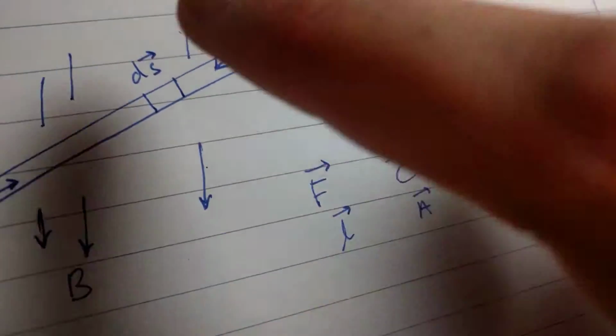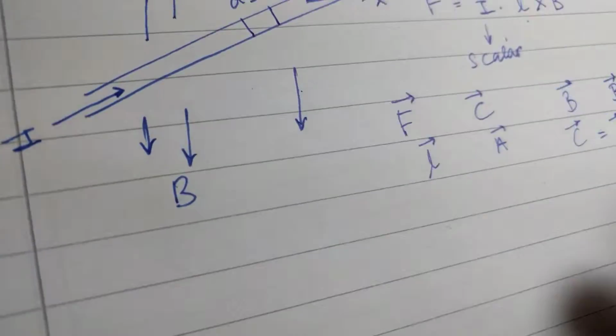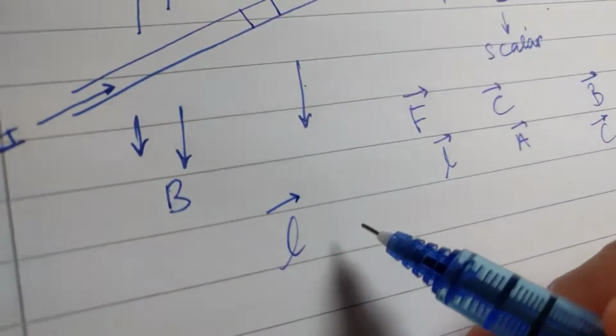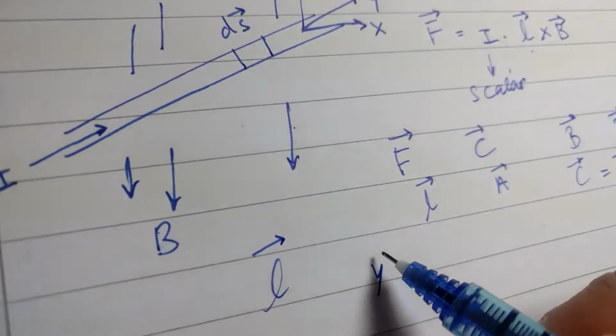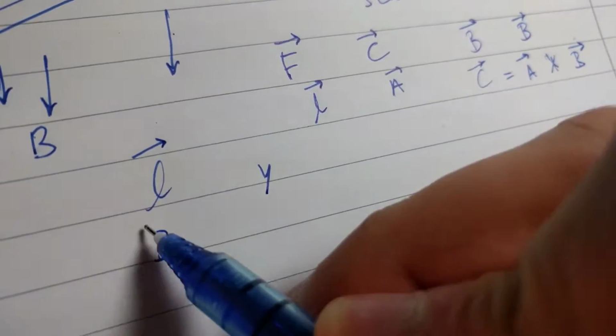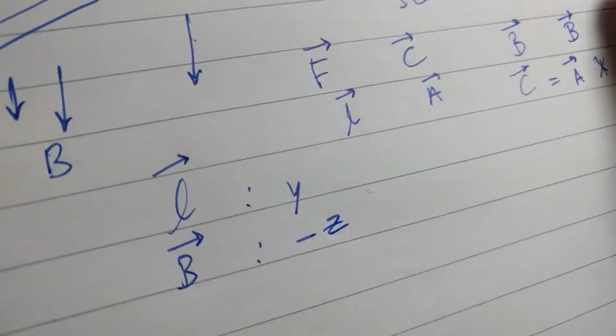And the length vector is always in the direction of the current. That's a basic property. So the length vector is in the direction of the positive y-axis, and the magnetic field vector is in the direction of the negative z-axis.